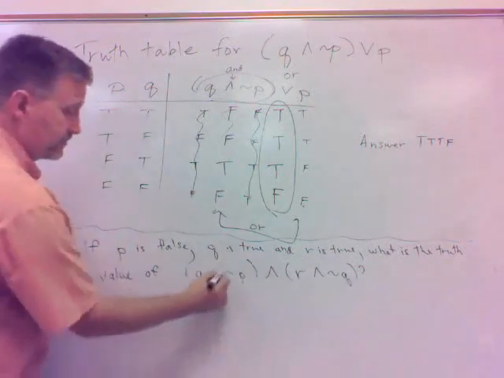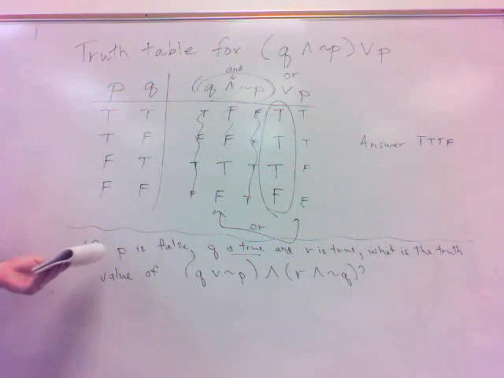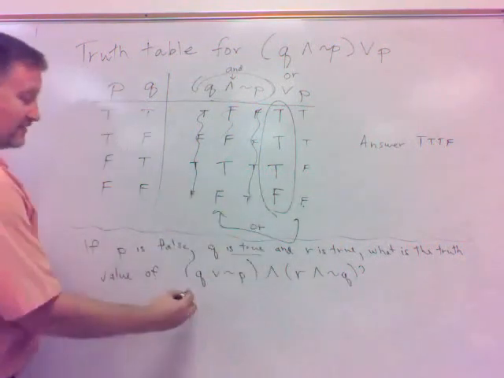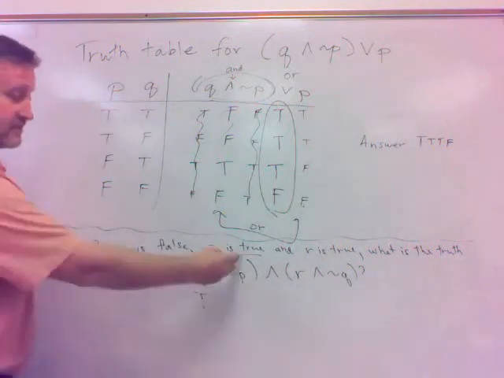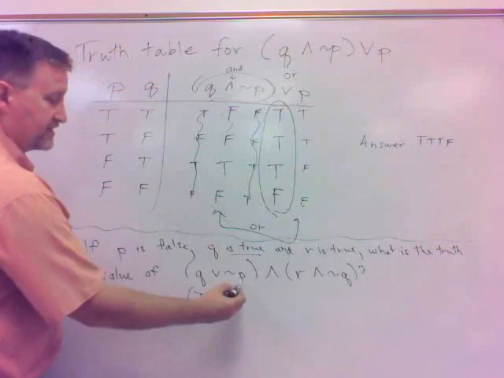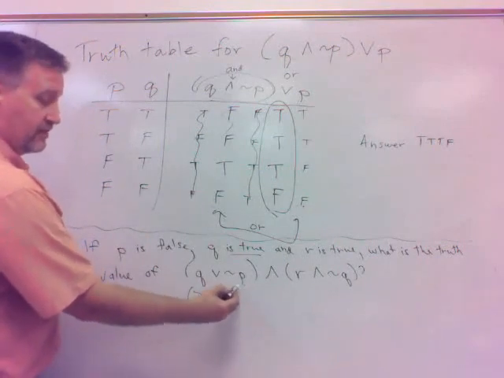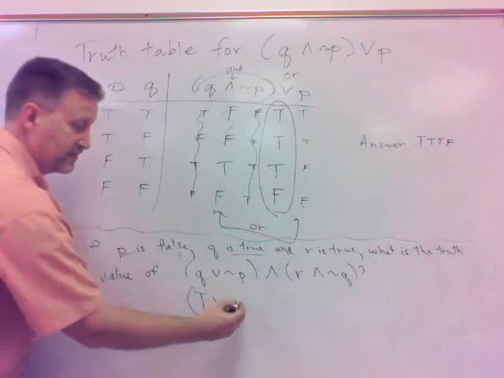For example, Q is true, I've just arbitrarily chosen Q is true. I could have chosen just as well Q is false, but I chose Q is true. So I'm just going to replace the Q by true since that's what that tells me. Then I'm going to OR that with not P. That's the negation of P. So what would that be in this case? Well, since P is false, the negation of P would be true.